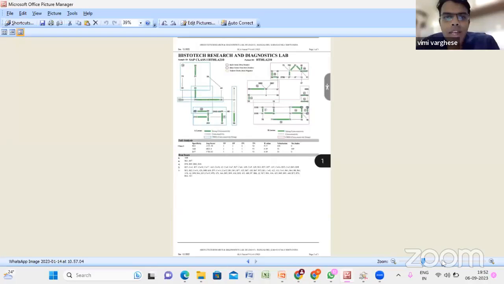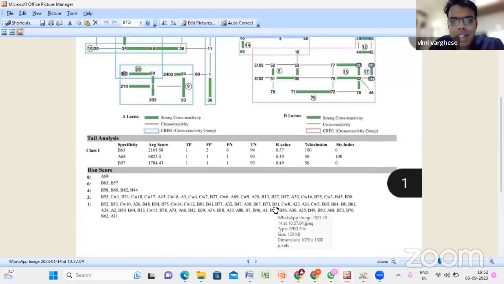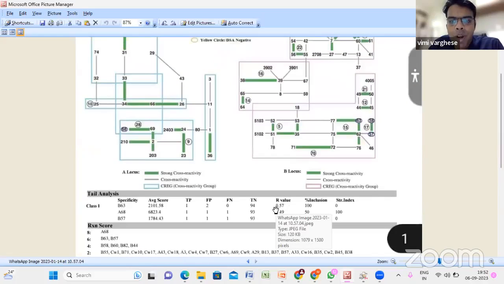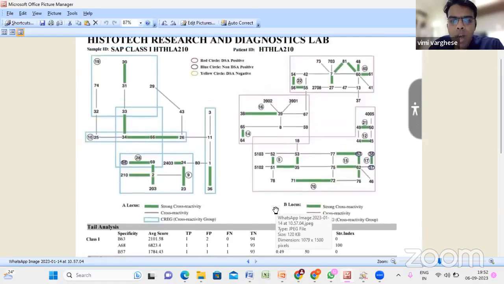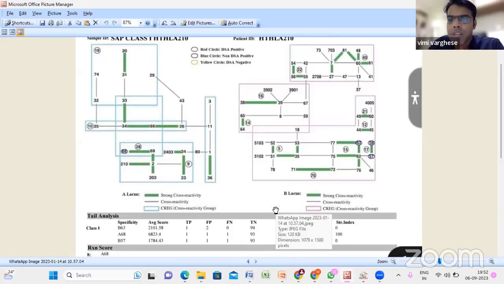So in that report, you can see there is true positive, false positive, false negative. How do we interpret that? True positive, false positive and false negative come in the low resolution PRA format, always, not in single antigen. Single antigen comes only as a tail analysis, positive with the MFI value.